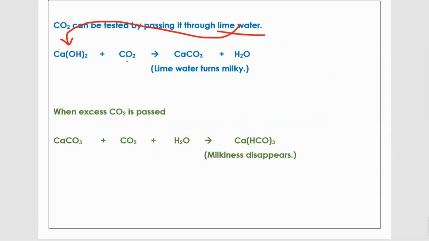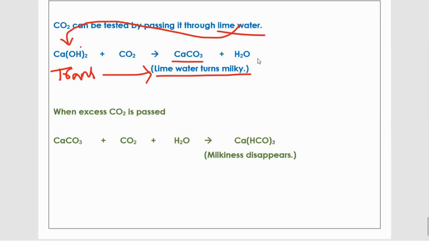If you pass carbon dioxide, that Ca(OH)2 solution, which is transparent, turns milky white. That milkiness is calcium carbonate. You see, calcium hydroxide turns into calcium carbonate and water is produced.